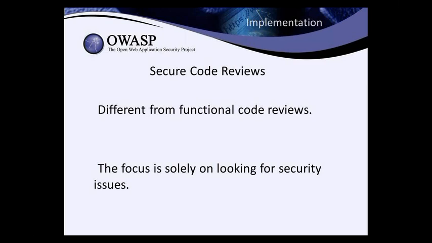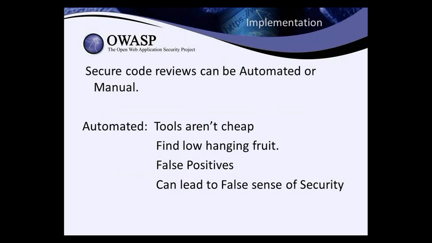Now, if you're working on a very large project team and you actually have a code review process, you add one more developer on the team, and when you're reviewing a block of code, one of those developers just looks for security.